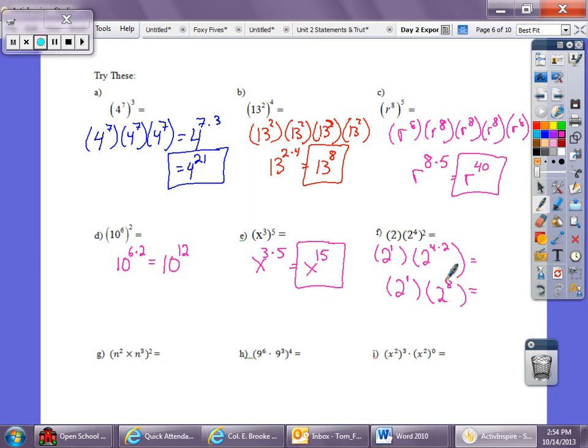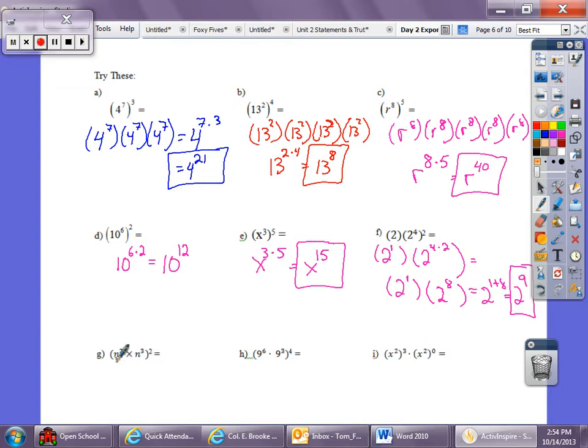Then we can add these two exponents. We're not multiplying these because this is not a power raised to a power. So this is 2 to the 1st times 2 to the 8th, so that's 1 plus 8, which is 2 to the 9th power.